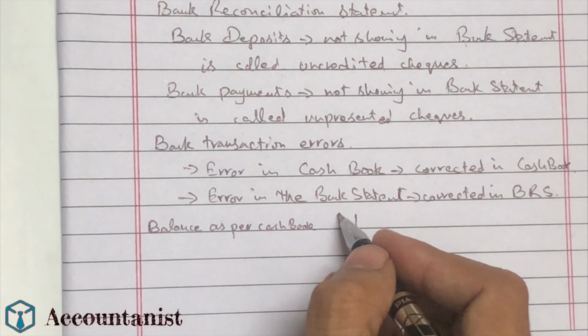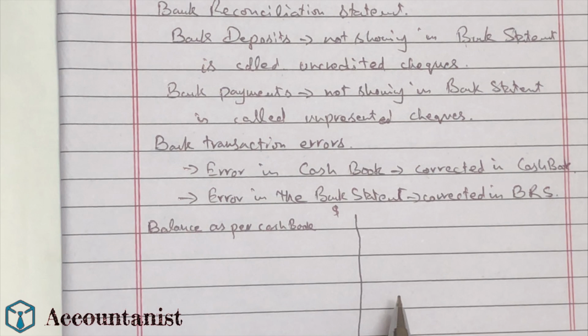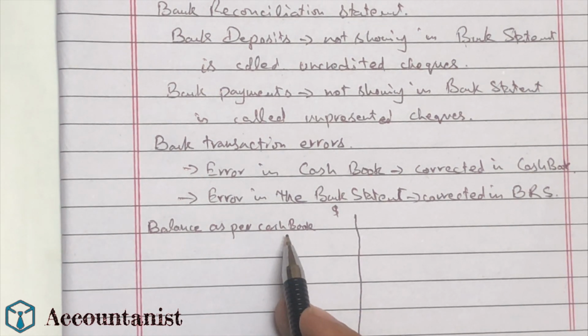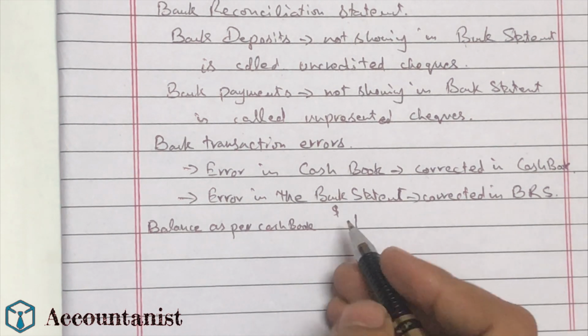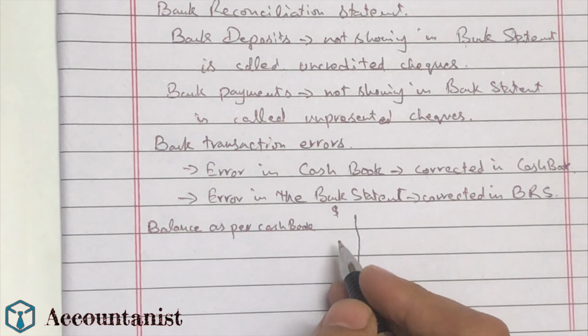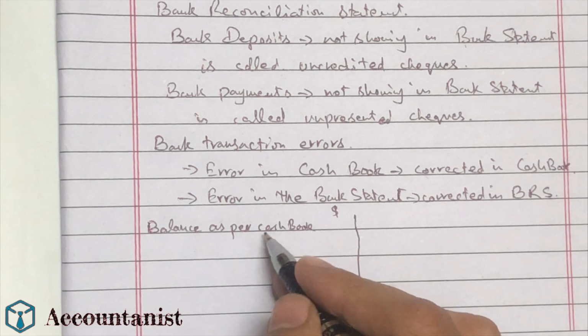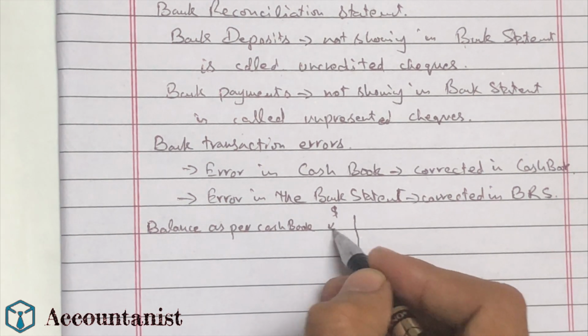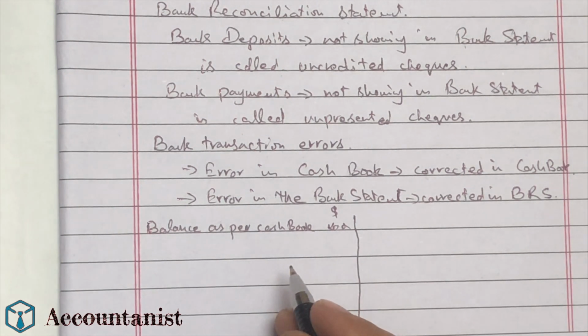So if we start with the balance of cash book, we need to have this updated cash book balance. This updated cash book balance can be in the positive or in the negative number. So if we have an overdraft, we will write down the negative number. If we have a positive balance, we will write down as a positive balance.